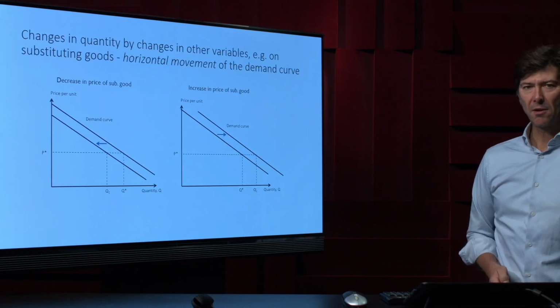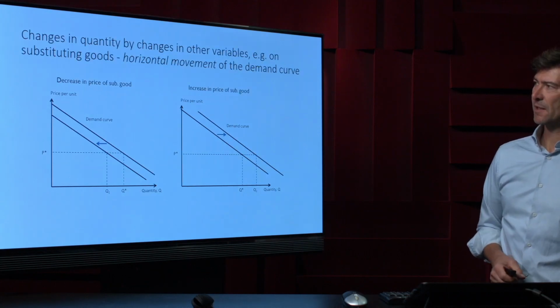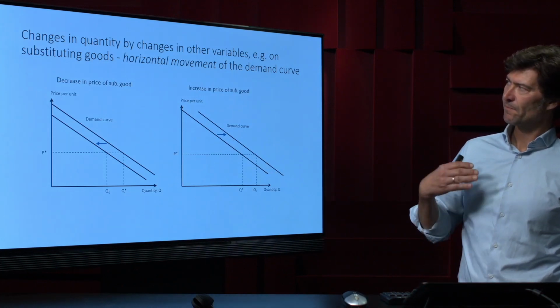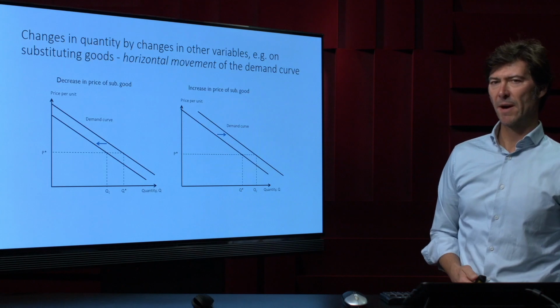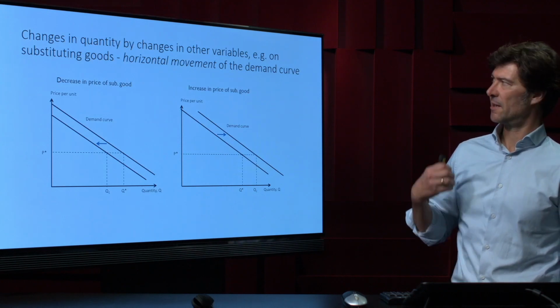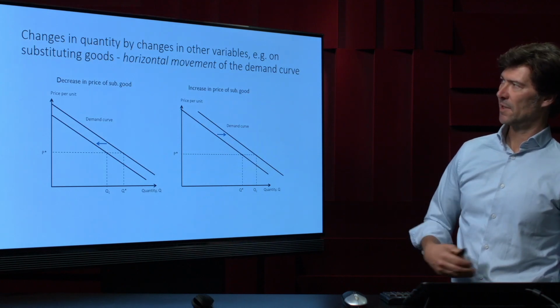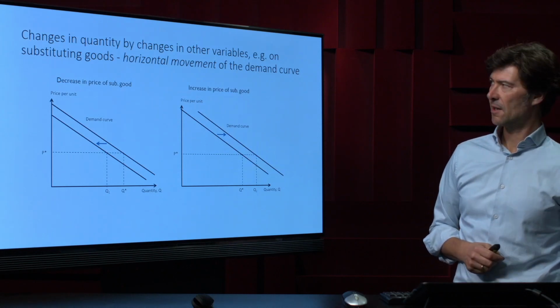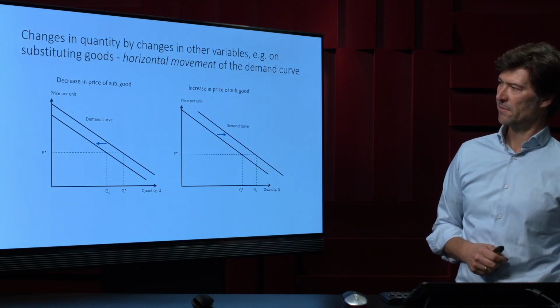A movement of the demand curve can be illustrated in this way. For example, what we talk about here is changes in other variables, for example, substituting goods or the income of the individuals.